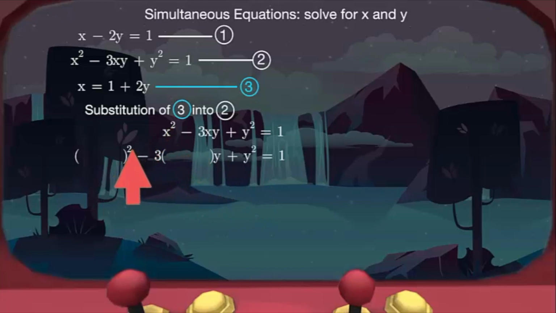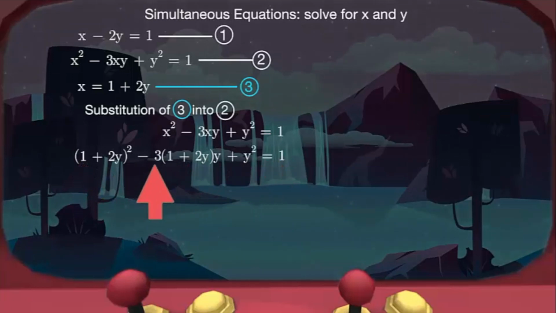So there's the square, there's a plus y squared, there's a plus y squared, there's the minus 3, there's the minus 3, and there's the y and the y at the back. Okay, excellent. Now in the place of these brackets, I am simply going to take this 1 plus 2y, it's going to go into this bracket, and it's going to go into that bracket. And so far so good.